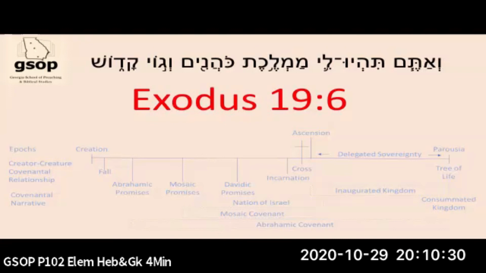But here, if we look at God's call to Israel as a nation to be a kingdom of priests, you find this instruction sort of building from Genesis all the way through Revelation. So this call to the nation to be a holy nation and to be a kingdom of priests.